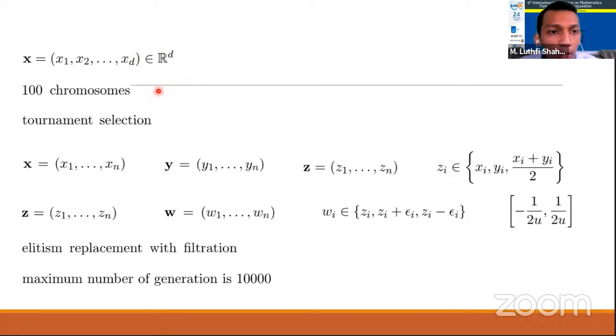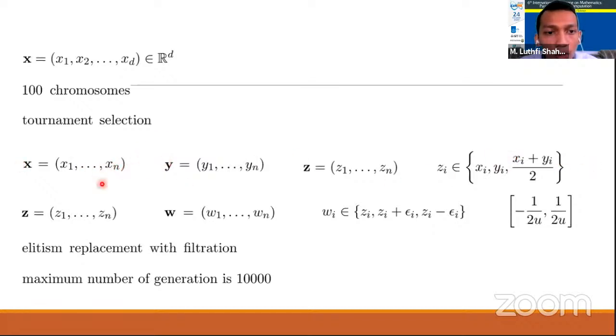And in our population, we use 100 chromosomes. For the selection, before we do the crossover, we use random selection. We choose 5 candidates, and then from the 5 we get, we choose the best one to crossover.